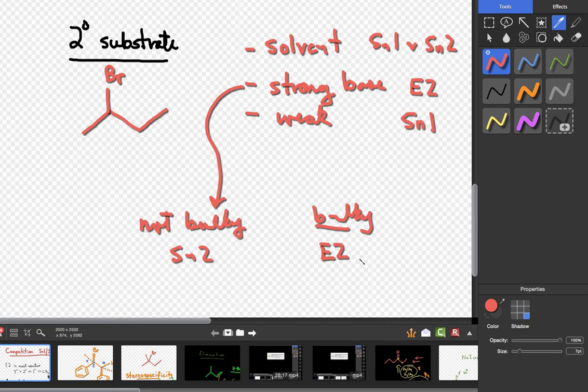Remember, polar protic will favor Sn1. And the reason it favors Sn1 is that it decreases nucleophile strength. Nucleophile strength has no impact on an Sn1 reaction. Let's write that down.